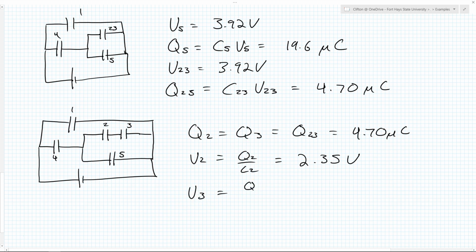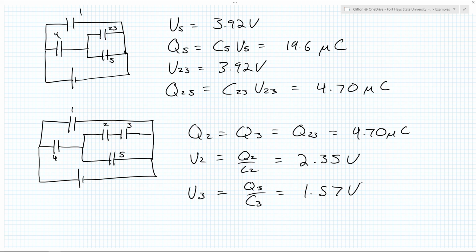And V3 is going to be its charge divided by C3. C3 was 3 microfarads. I get 1.57 volts. And there we are. We've got the voltage and the charge for all of these capacitors.